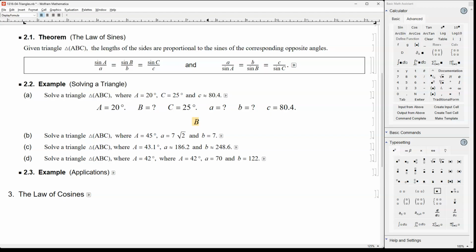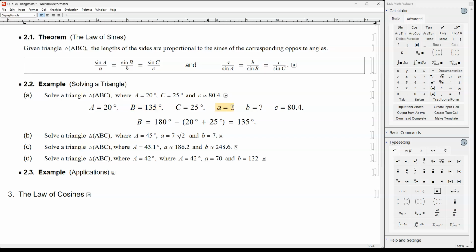This is easy to find. What is B? Capital B is 180 minus 20 degrees plus 25 degrees. So that's 135 degrees, right? So this is 135. All right, that was easy.